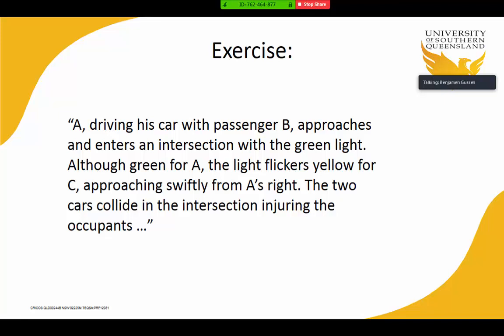Although green for A, the light flickers yellow for C, approaching swiftly from A's right. So there's a car with A and B, okay, green light, and C is approaching from the right. The two cars collide. So this is the genesis of the conflict. So they collide in the intersection, injuring the occupants.